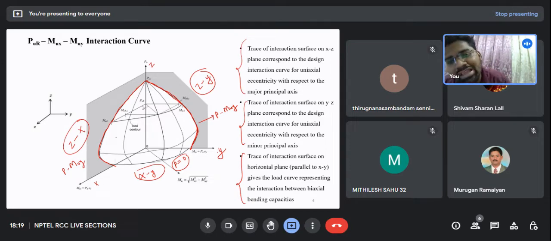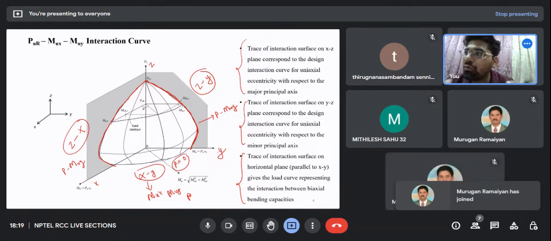The code suggests we use the XY plane of this curve. This XY plane curve has MUX and MUY for a constant value of P. So if we have a factored load acting on the column, we can design the column for biaxial moments.